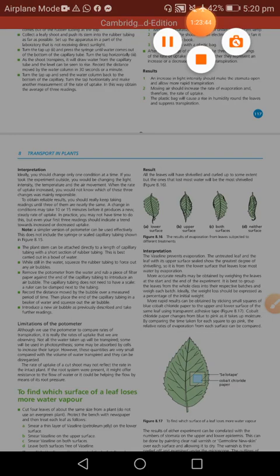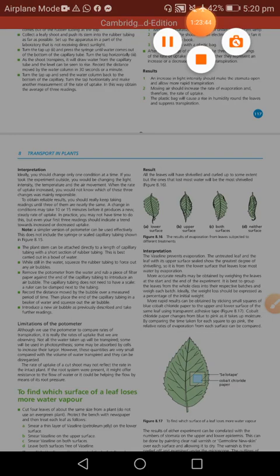Any factor that causes the decrease or the cessation of transpiration from the leaves will also result in the stoppage of the water movement through the xylem vessel.